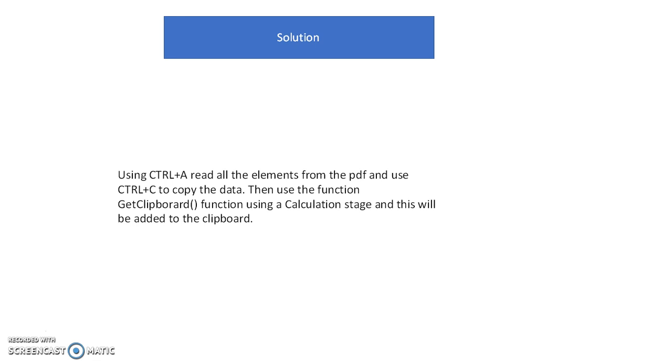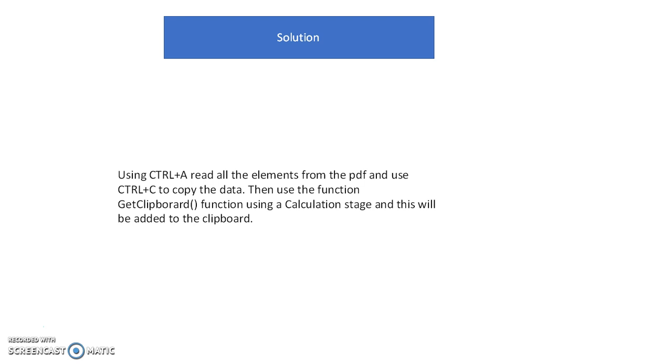Before taking the specific value in the PDF, you have an option: use Control A to read all elements from the PDF and Control C to copy the data. So first, Control A to read, Control C to copy the data.